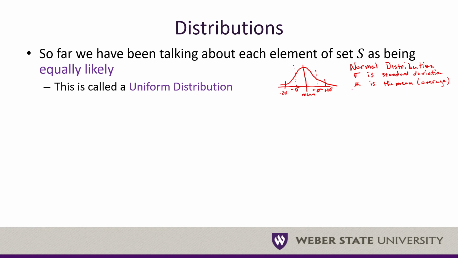And then what we know is that 5% is above 2 standard deviations and 5% is below minus 2 standard deviations from the mean.